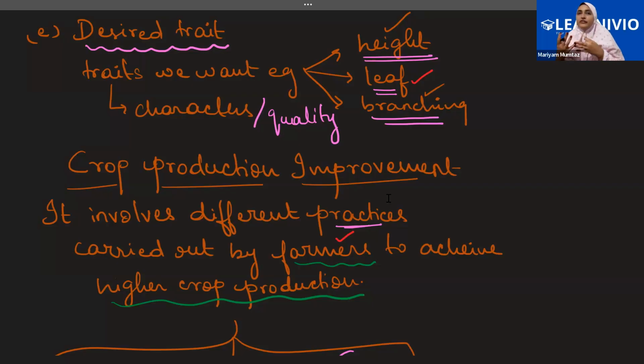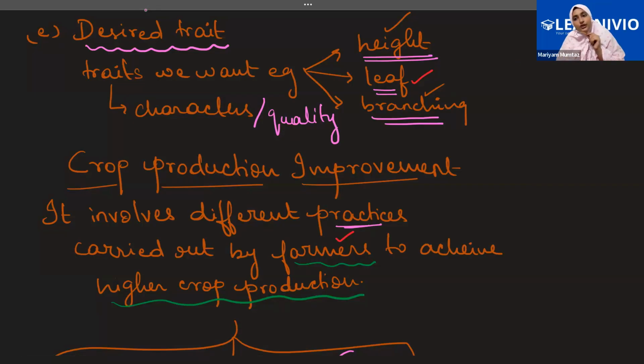If you want many leaves, or fewer leaves, that again can be a character or a trait. And if you are looking for branching, or a tree that produces a lot of fruit, all of these things that you would think about. So when you get that in the plant that you're growing, that is a desired trait.